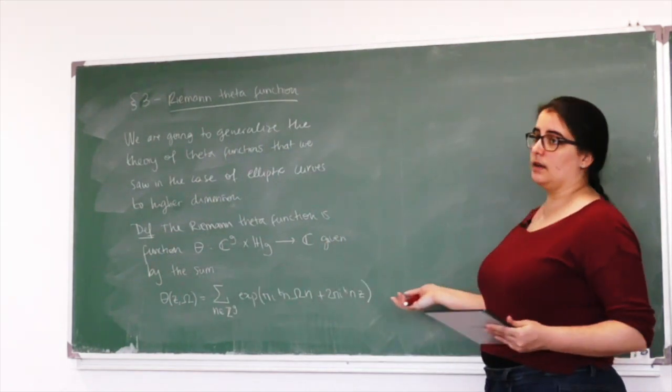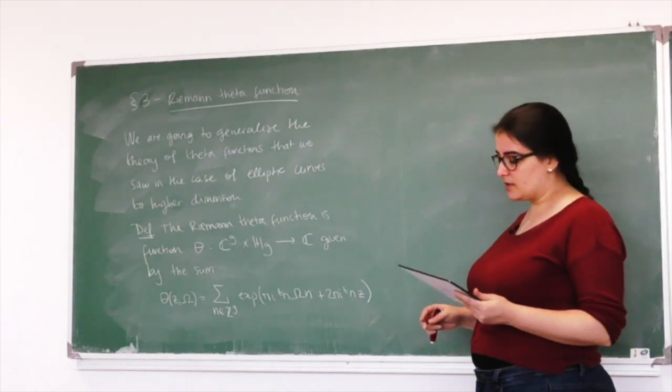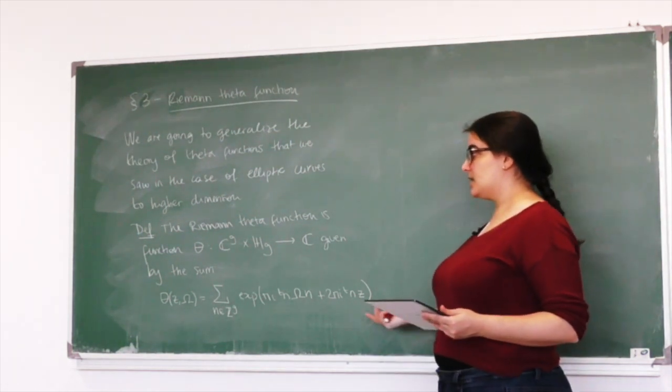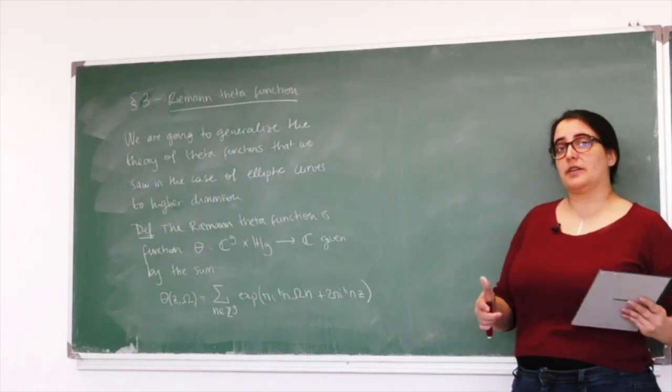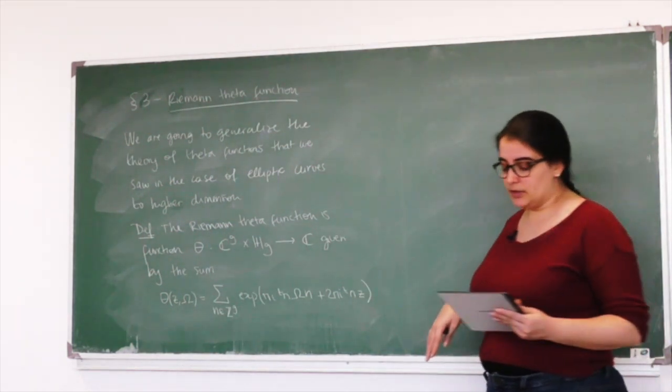So this is exactly what one would expect from looking at the definition of theta functions. Of course, proving things in this setting is a bit more tricky because we have matrices and vectors and everything becomes a bit more convoluted.